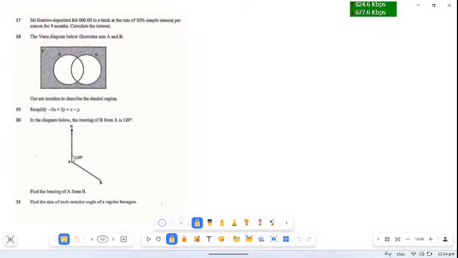First of all, let me see the answers that you're going to write. I'm giving you 1 minute. Sorry that I'm giving you 1 minute. I should have been giving you more, but because of time, so I'm giving you 1 minute. Let me see what would be your answer. How can you find the correct answer for this question? What will be the answer if Mr. Kangwa deposited 6,000 kwacha in the bank at the rate of 30% interest per annum for 9 months?